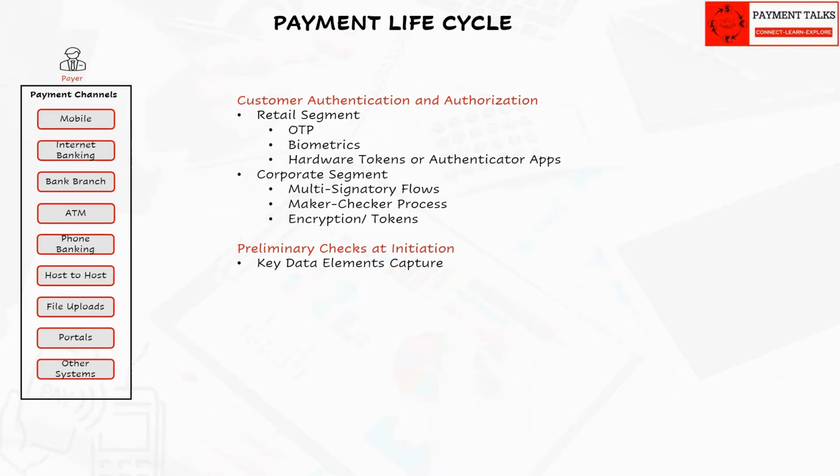Just understand that bank channels will have these checks inbuilt in the channel initiation process. If any information required is not provided by the customer, then usually the channel will prevent the payment initiation itself. Like for retail channels, you will not have submit button enabled on the mobile or browser.